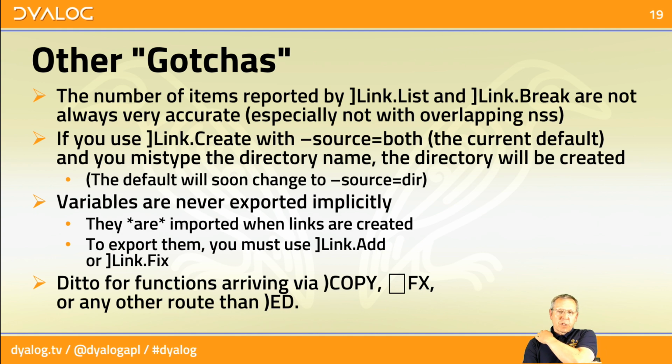There's a question from Charles, what are overlapping namespaces? Well, maybe that's a bad term I've used. I suppose we should say, if you link a namespace and its children or its parents, so one namespace is inside another, which of course is always the case if you link hash, then it's not clear exactly what you want.